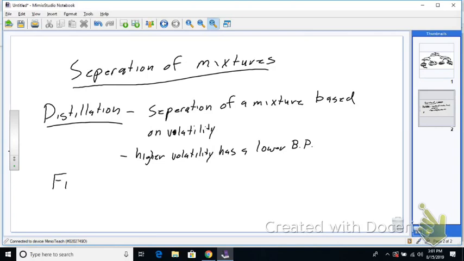So the next thing is if we've got a solid and a liquid together, we can go ahead and do a process of filtration.